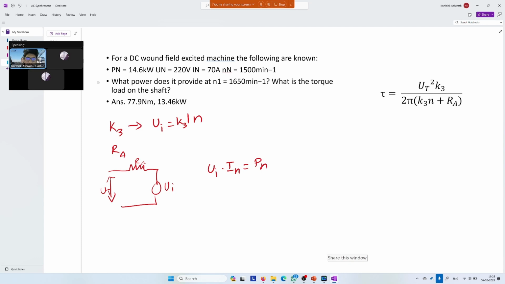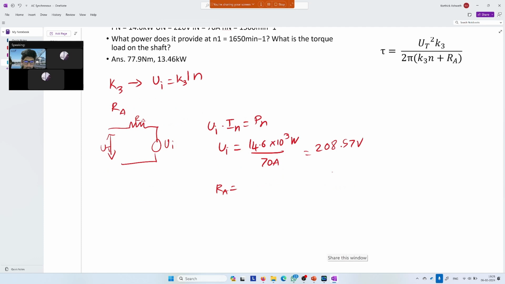PN is given as 14.6 kilowatts. So UI equals 14.6 times 10 to the power 3 watts divided by 70 amps, which is 208.57 volts. You can see it is a little bit below the UN, just as expected.